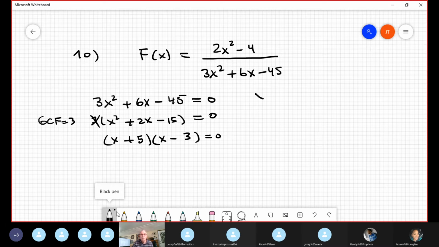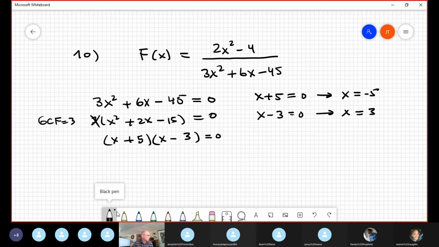Now, x plus 5 is equal to 0. Therefore, x is negative 5. And x minus 3 equals 0, so x equals positive 3.